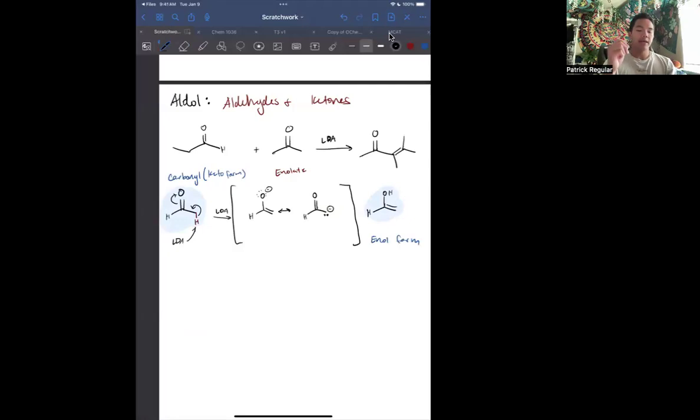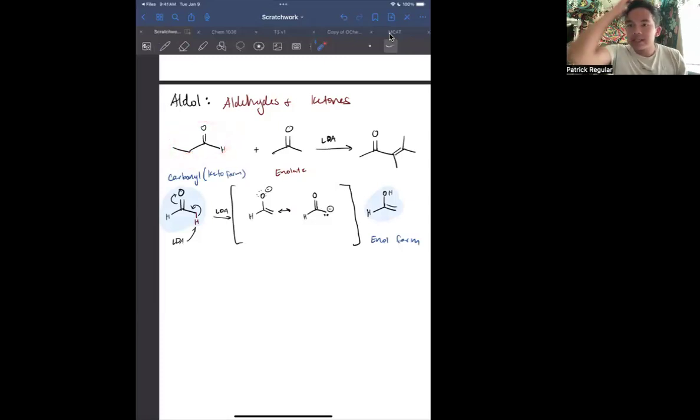The reason I like this one in particular is that it resembles the carbonyl form we started out with, but we just took off the protons, and then it becomes something like that. If I were to draw the enolate form, it would just pull out that proton, and there we go.